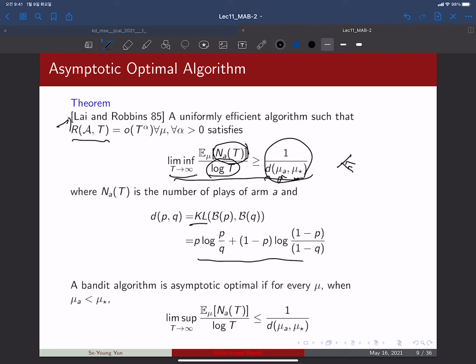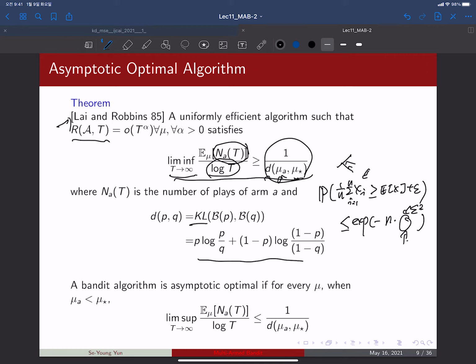Let's go back to the concentration inequality. For instance, for Hoeffding's inequality, we have this: the probability of, let's say, 1 over n summation of xi, i from 1 to n, greater than or equal to expectation of x plus some epsilon, is less than or equal to exponential minus n times something, and something comes from the distribution of xi, the upper bound and lower bound of each random variable, and epsilon.